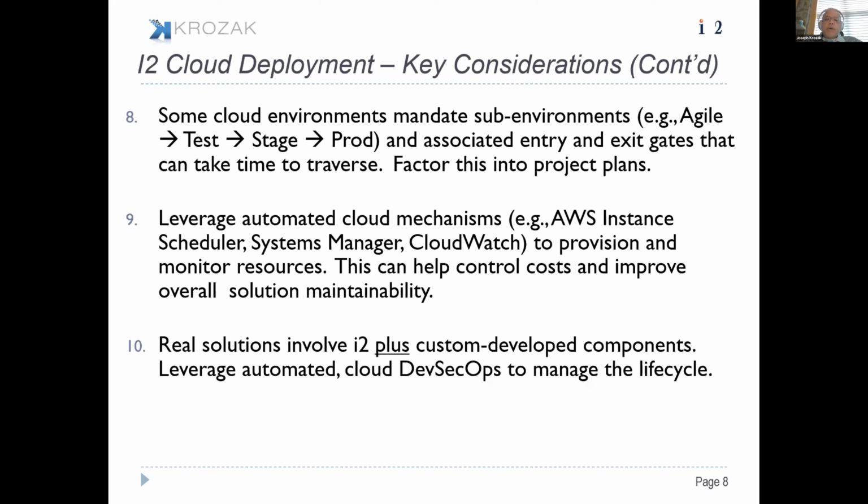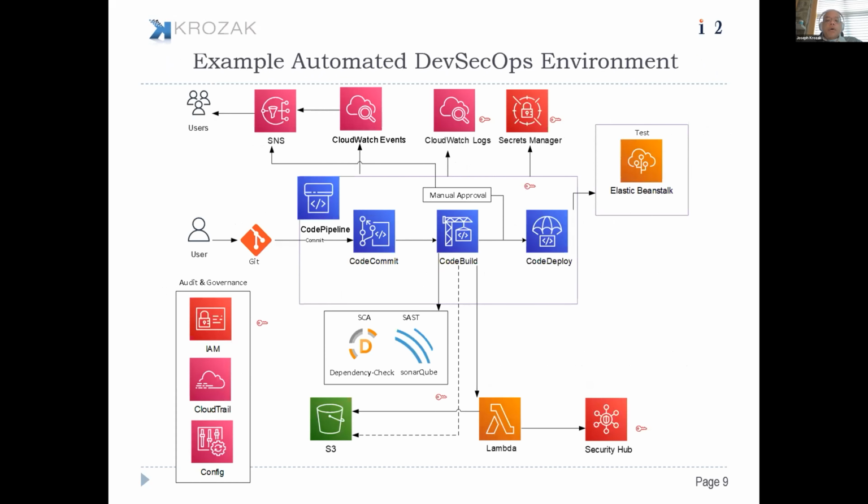So there are some mechanisms that we found very helpful in automating the development and deployment of custom components in conjunction with I2, so that you're maintaining security and operating very efficiently. We'll give you an example of one environment here, sort of similar to the diagrams that Mark showed.